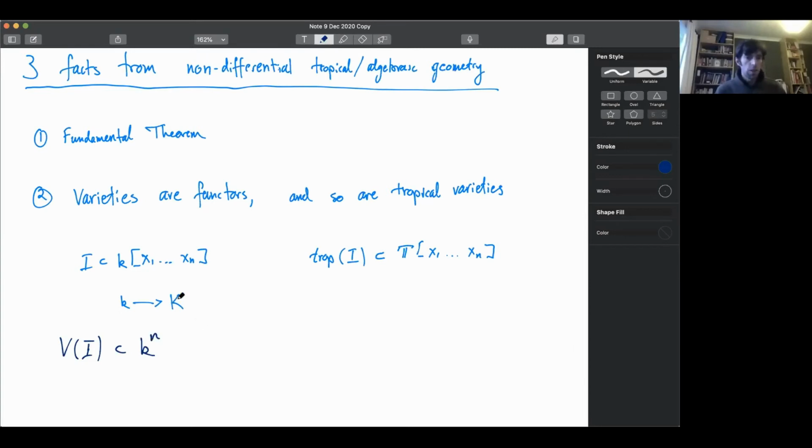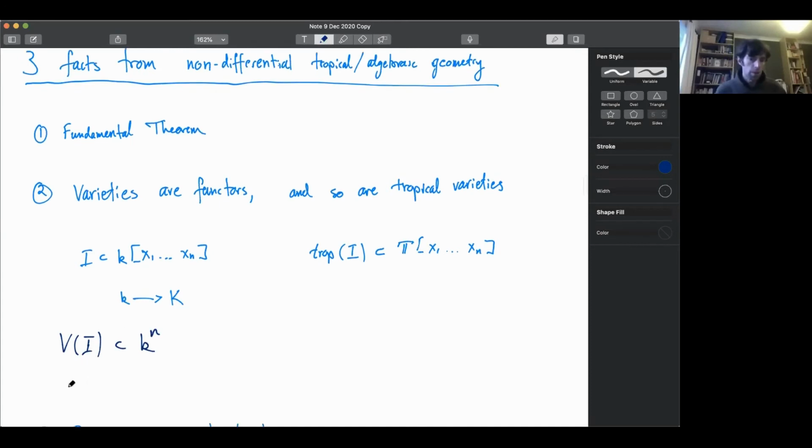But I can also think of this ideal as defining a functor which sends this field extension, big K over little k, to the set of points of the ideal where I extend scalars to my big field.